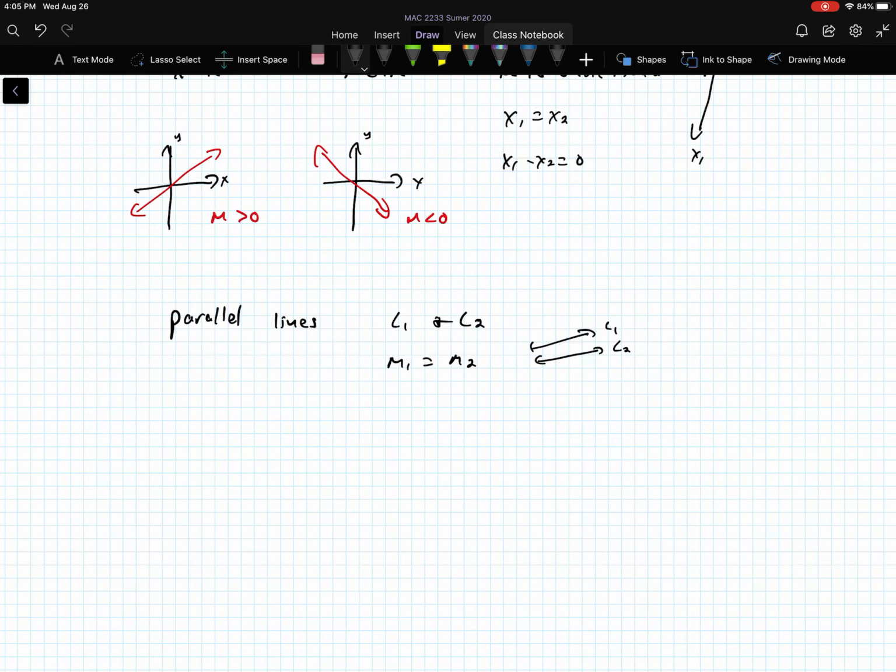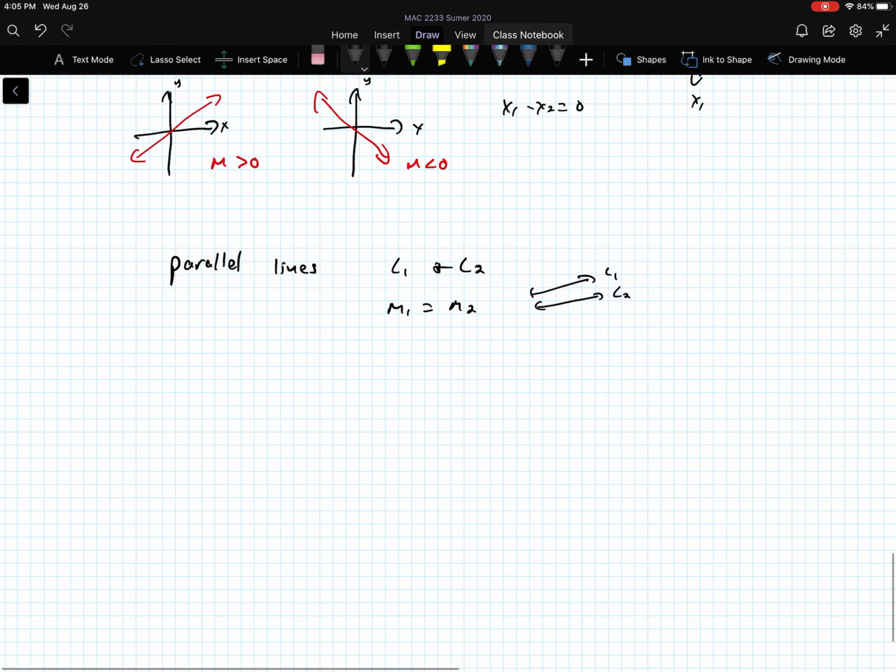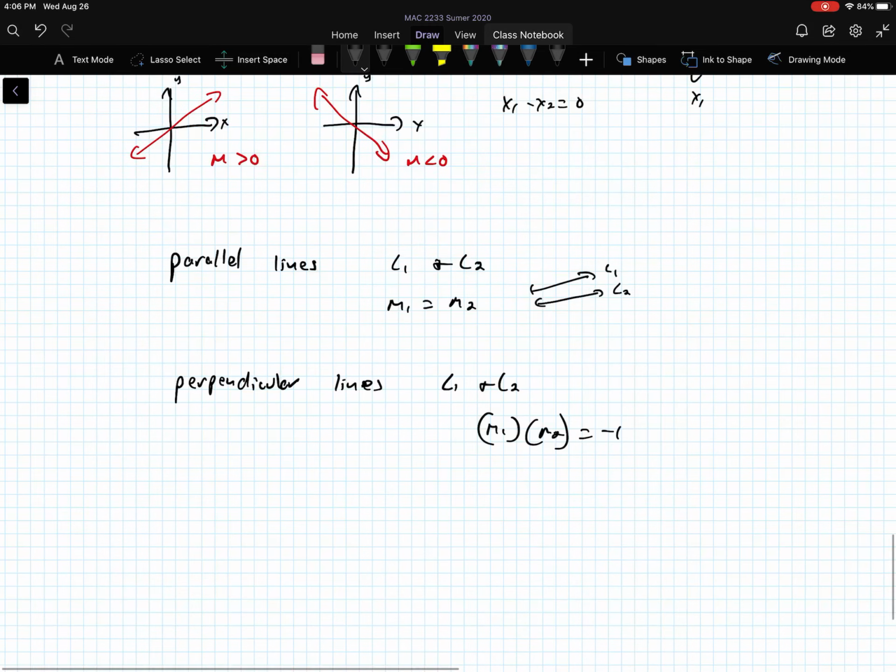The next one that they have here is perpendicular lines, I believe. So for perpendicular lines, if I have L1 and L2, that means m1 times m2 is going to be equal to -1.